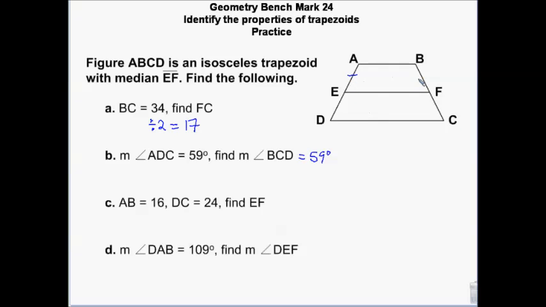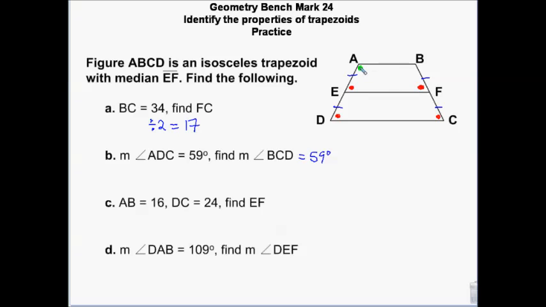Because this is isosceles, these are the same as each other. This angle is the same as this angle, which is the same as this angle, and the same as this angle. Because we have parallel lines with a transversal, and these would be corresponding angles. So we go back to that parallel line thing, and these would be in the same position.